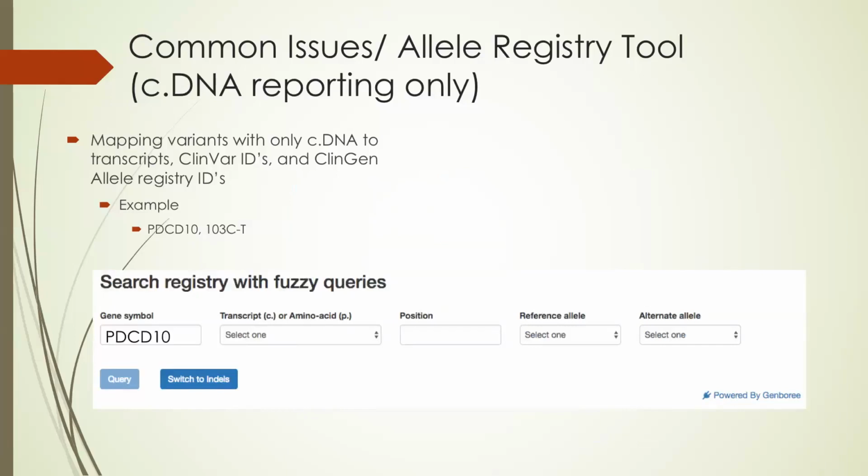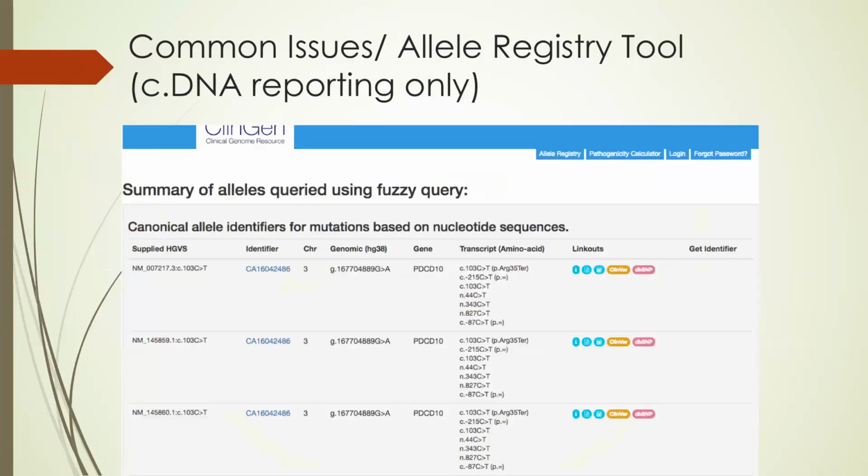So we put in our gene name, that it's a c. or a p. if we're looking at the protein consequence, which we'll look at in a second, the nucleotide position, C and a T, and then we press the query button, and we get all the different transcripts that this variant might appear on.